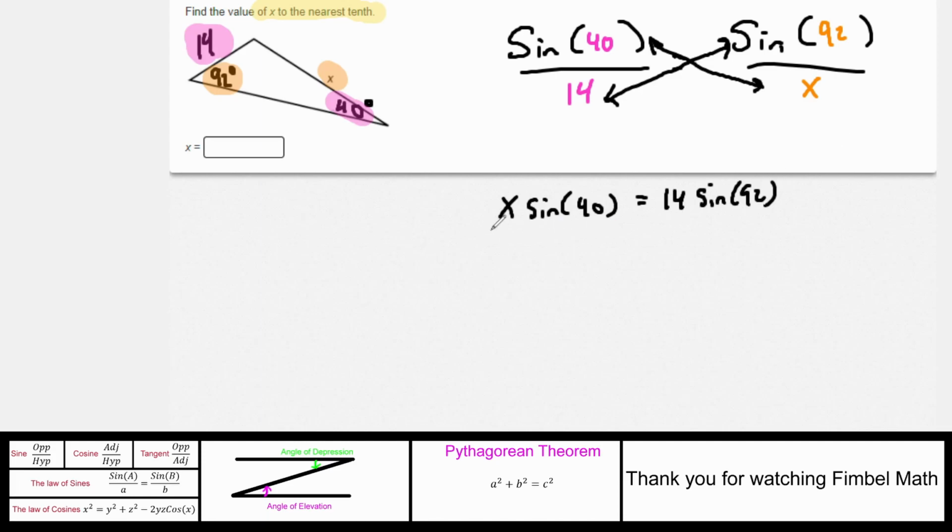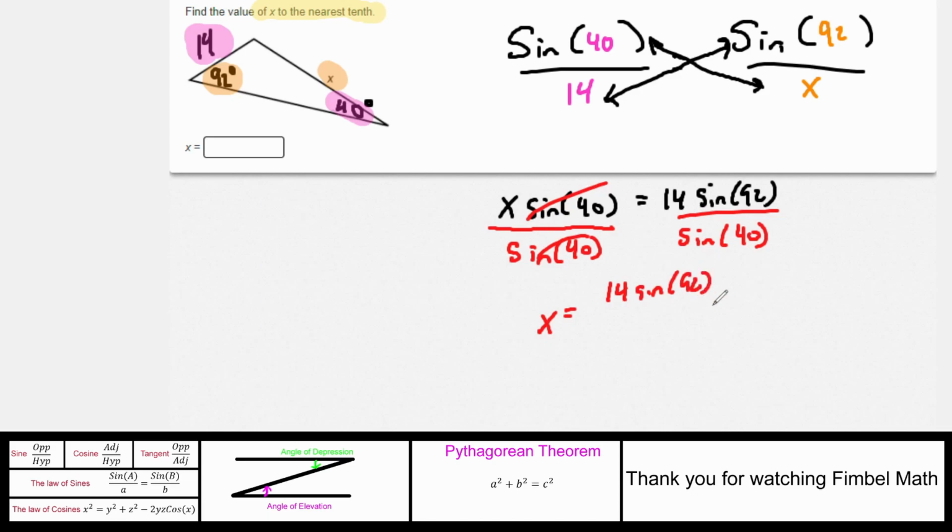So I'm going to divide both sides by sine 40. Since these are both just numbers and they're the same, they will cancel out and I'll be left with x equals 14 sine 92 over sine 40.